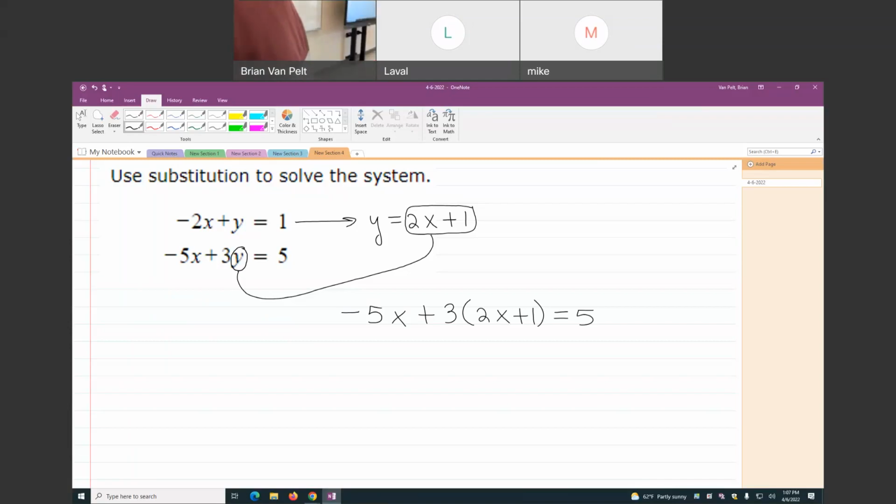So since we only got x, we'll be able to solve for it nicely. Let me go ahead and multiply everything out. Make sure you can follow what I just did. You guys follow all that? Okay.